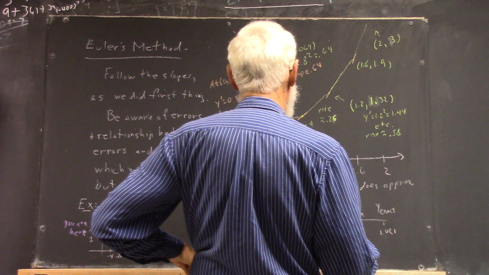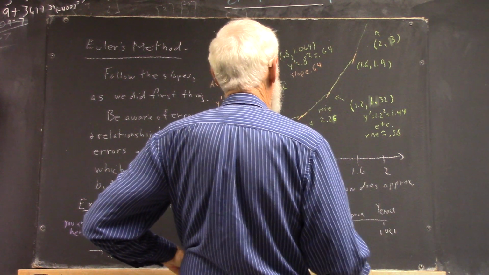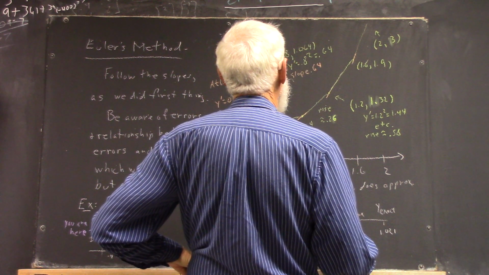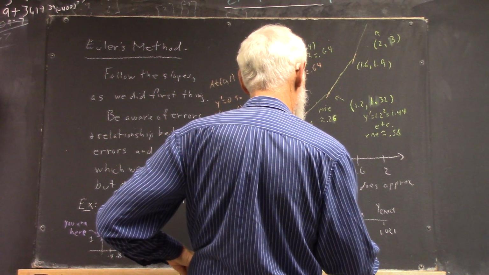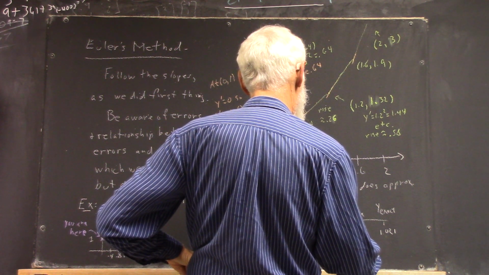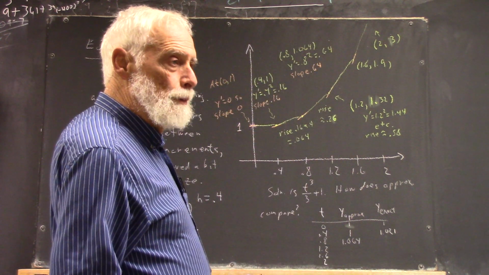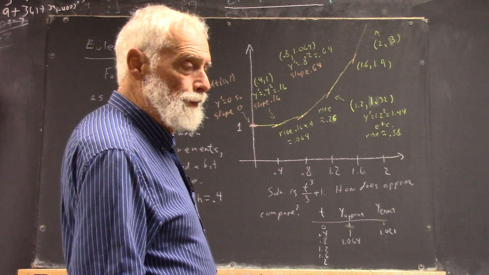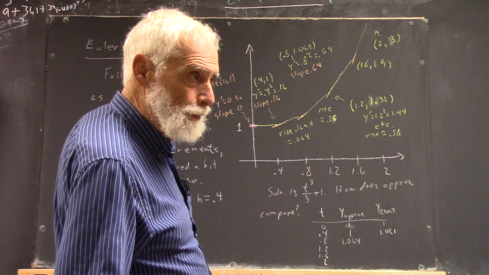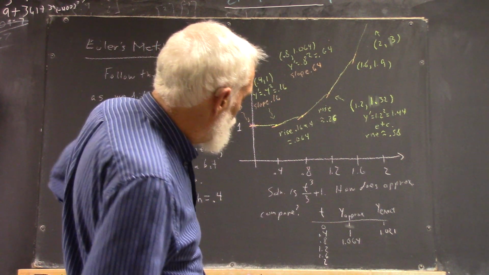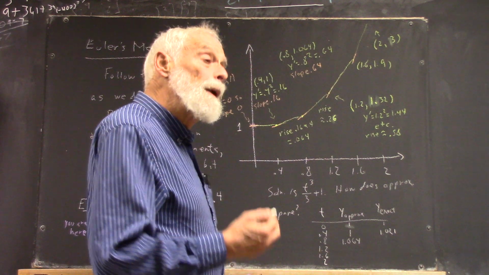Then at 0.8, our approximation, if I calculated it correctly, is 1.064. Well, 0.8 cubed, 0.8 squared is 0.64, times 0.8, you get 0.512, okay? And take a third of that, you get about 0.17.